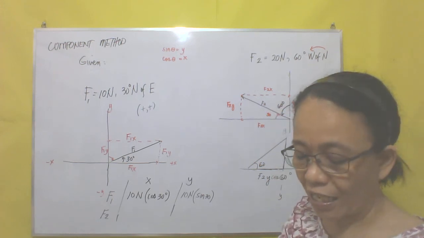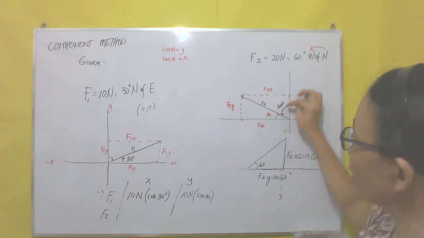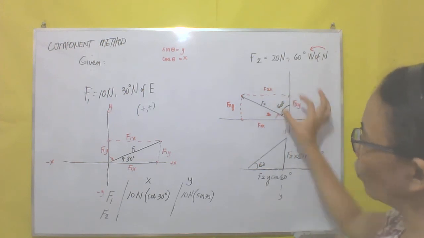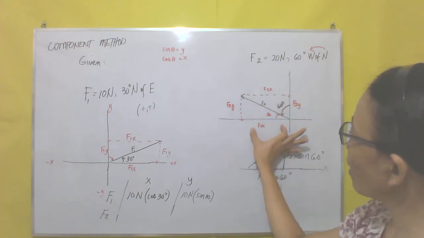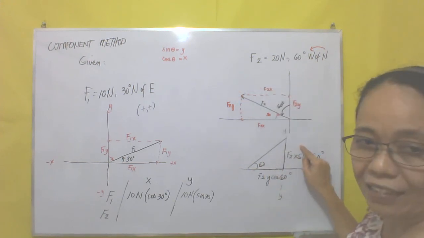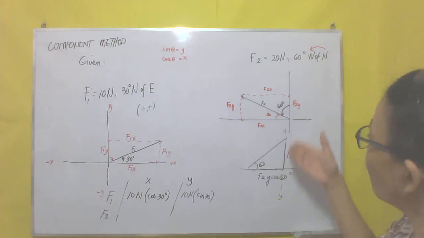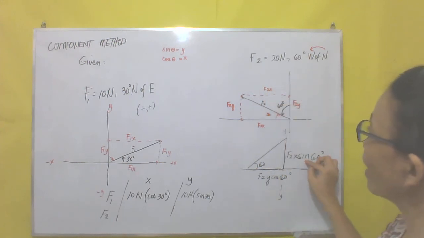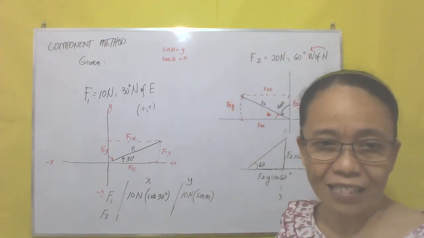Again, if we're going to use 60 degrees west of north, the F2x here, which is parallel to the x-axis, becomes the opposite side and lies along the y-axis. So F2x will take the sine function because it is now on the y-axis.